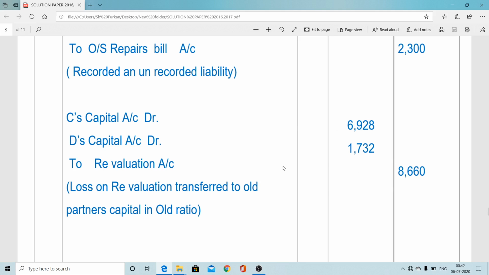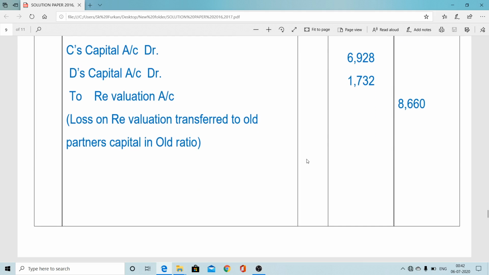Without opening the revaluation ledger as well as the partners' capital accounts, we can pass the journal entry, and with the help of rough working we can find the profit or loss on revaluation. This problem only asked for the journal entry, so as per instruction we show the solution, this is the solution for the year 2017.